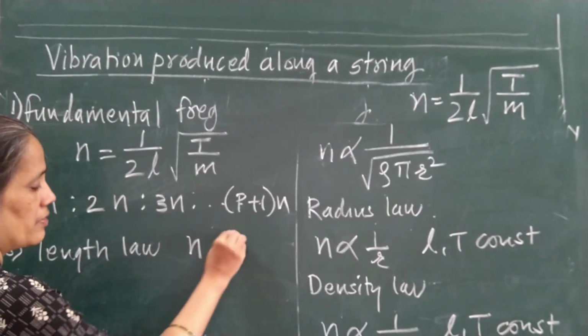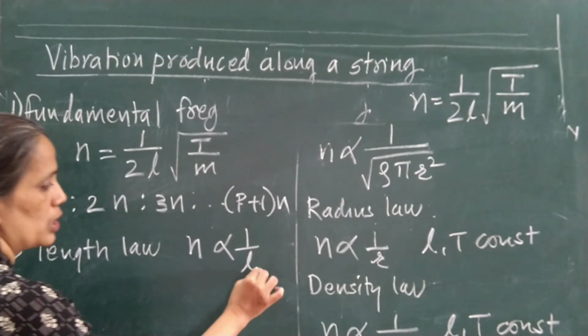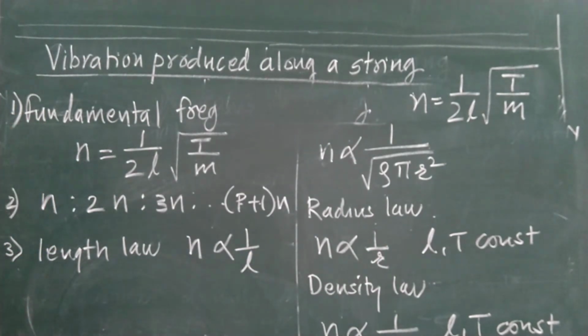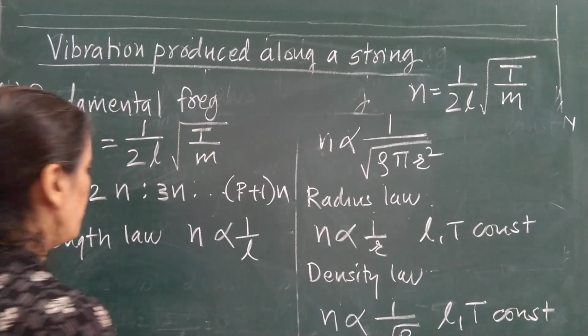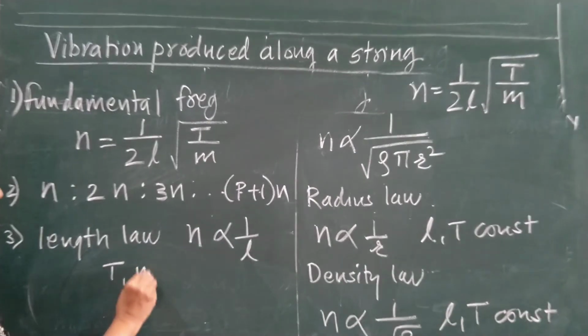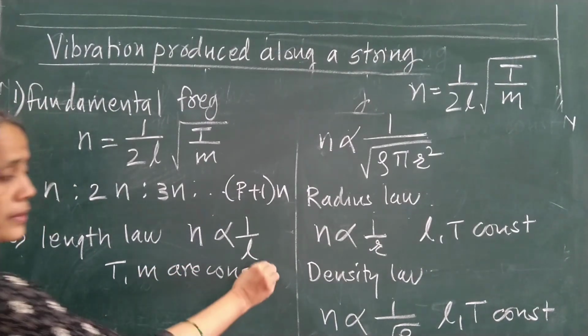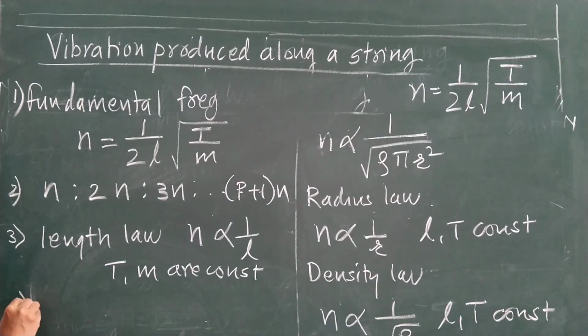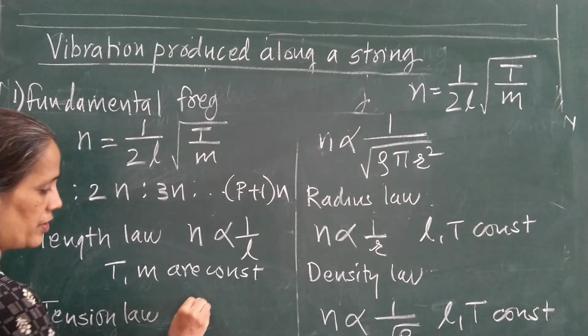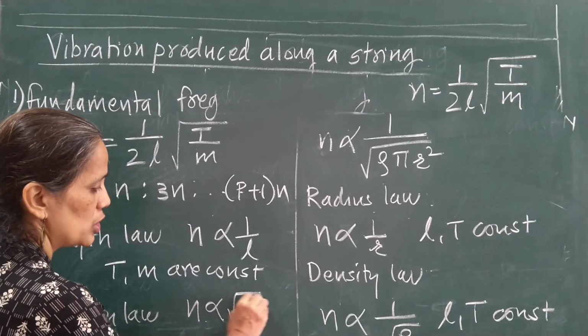What is that? Frequency is inversely proportional to L, provided that your tension and mass per unit length are constant. Then the fourth important formula, the tension law. What is that? Frequency is directly proportional to root of T.